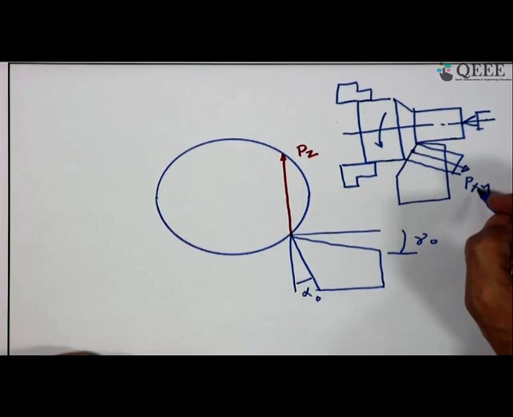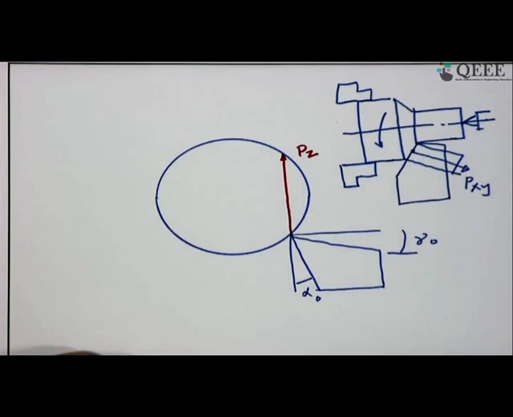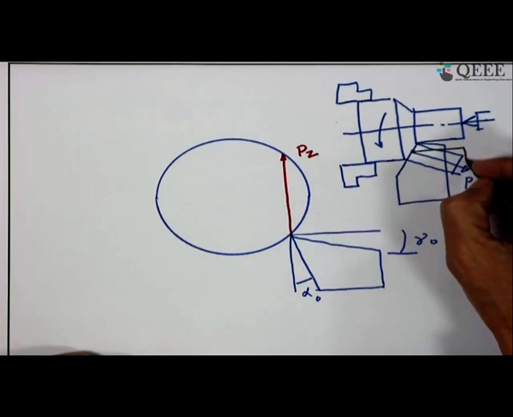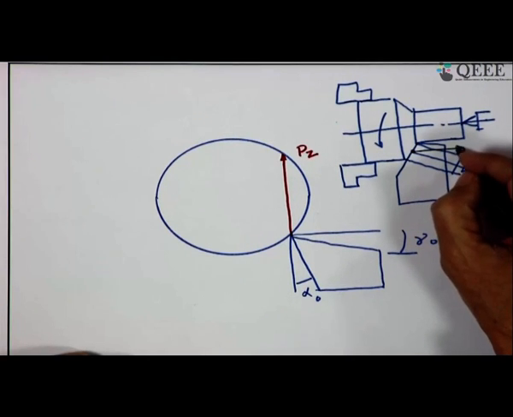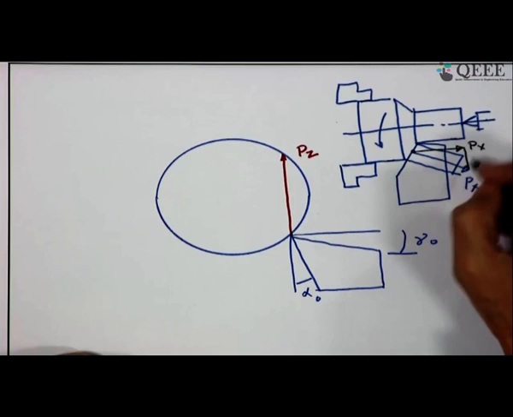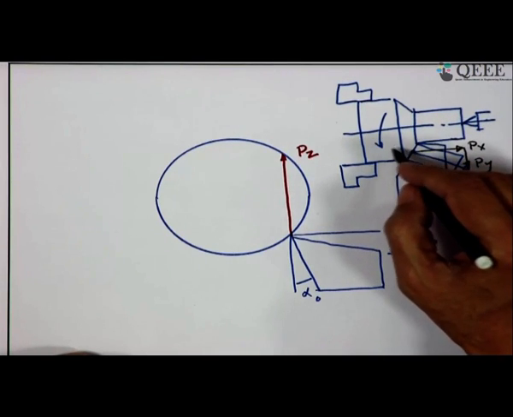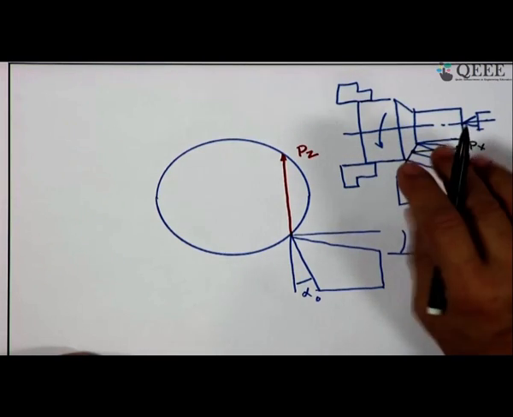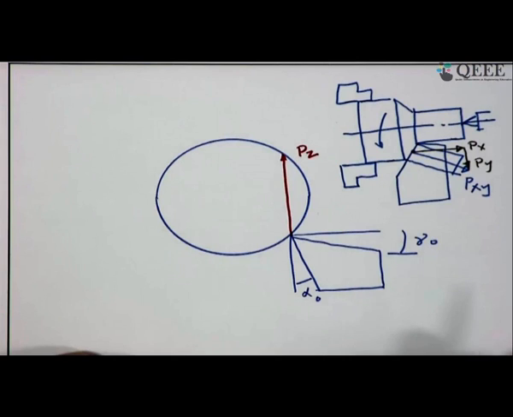So, this is Pxy, and Pxy you can resolve into two components. Let me try to show you. This is Px, and if I resolve it, we get two more components. This is Px and that is Py. So, friend, these are the forces acting from the job to the tool on this side, thrust given on the cutting tool.